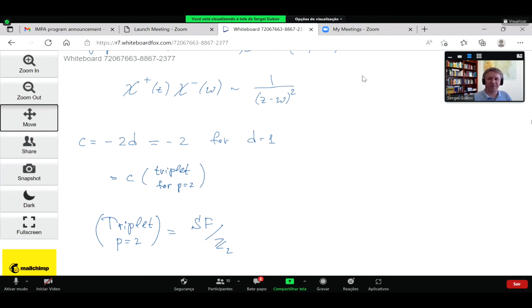I mean, symplectic fermions is a super algebra. It has an even and an odd part, and this orbifold projects out the odd part, whereas the triplet is even, or in physics terms, a bosonic algebra.